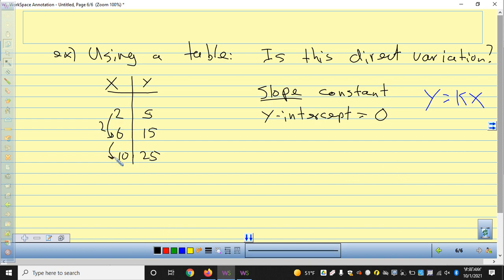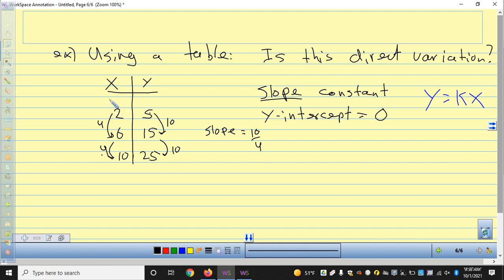That's 2, that's 2, that's 10, that's 10. The slope? It's 4. Oh, it is 4, thank you. The slope is 10 over 4. For each of these, that is constant. So we have the slope constant. Let's check our y-intercept.